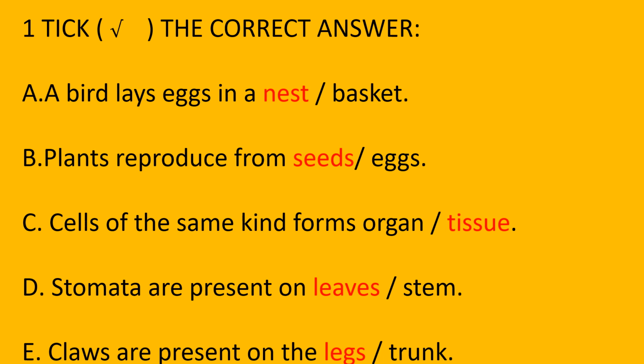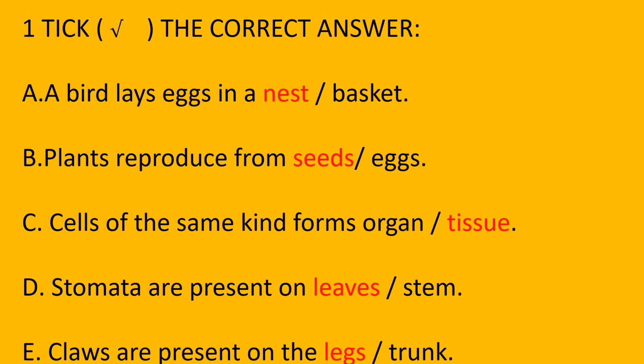Third question is, cells of the same kind form organ or tissue. Children, here we need to explain that when cells of the same kind are together, what do they form? They form either a tissue or an organ.